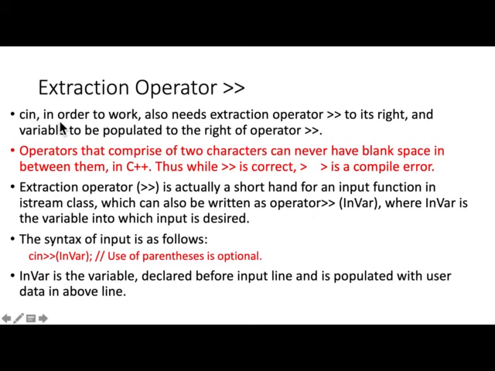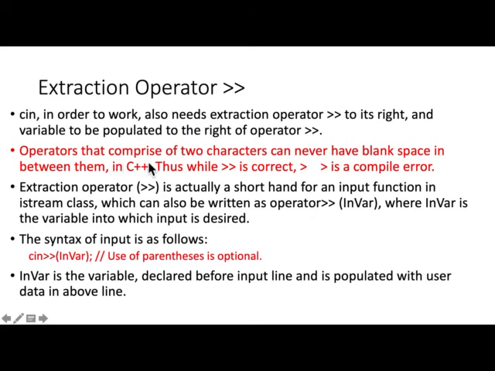So cin, in order to work, also needs the extraction operator, and the operator is built of two symbols to its right, and the variable you wish to populate will be further right. I just call it arrow arrow, okay? Or actually I should call it extraction operator. So let's just call it extraction operator.